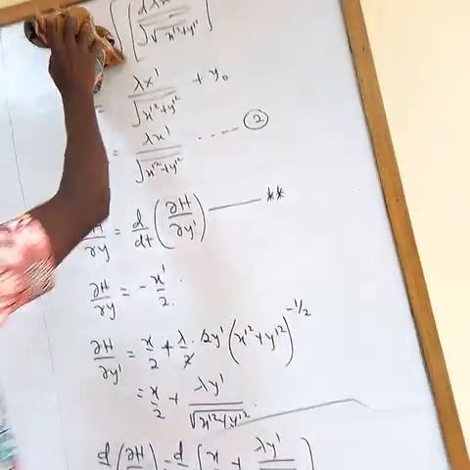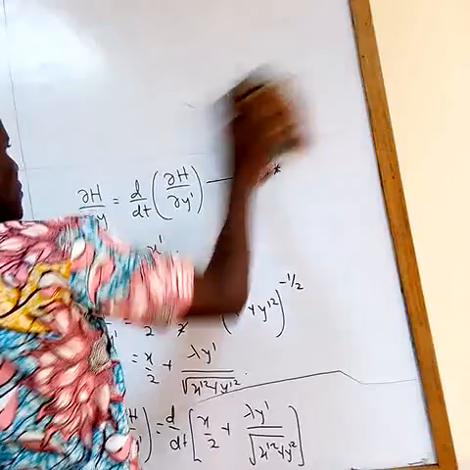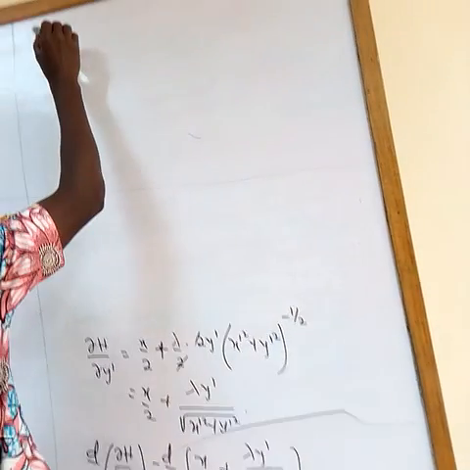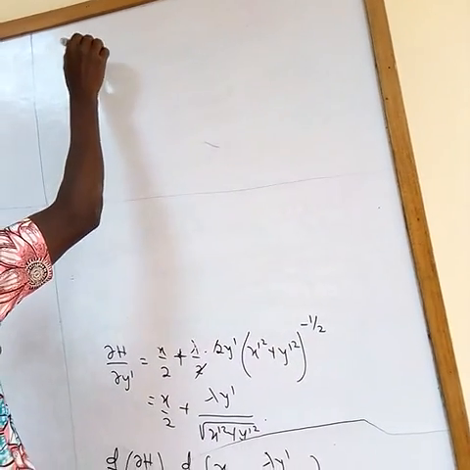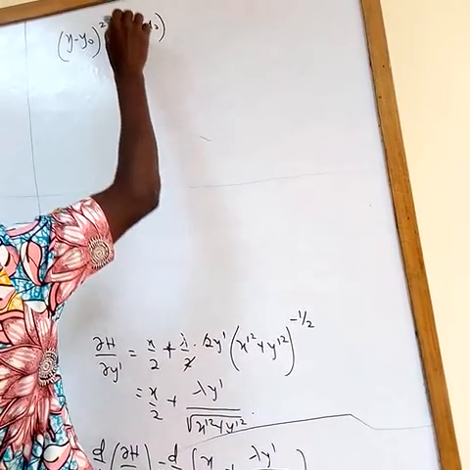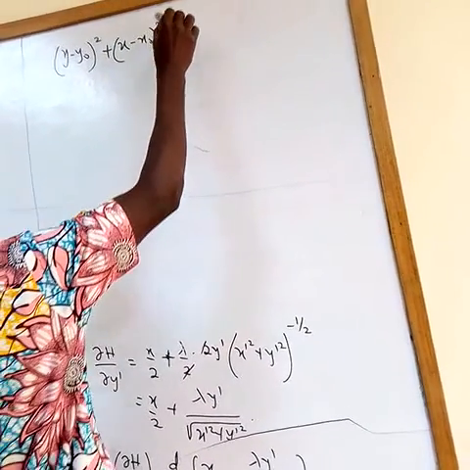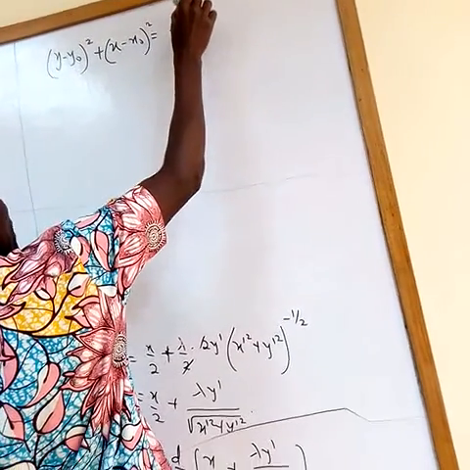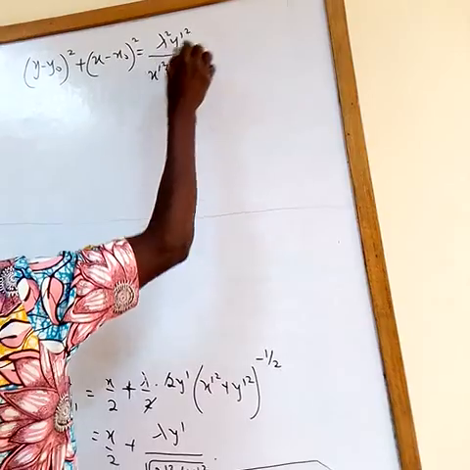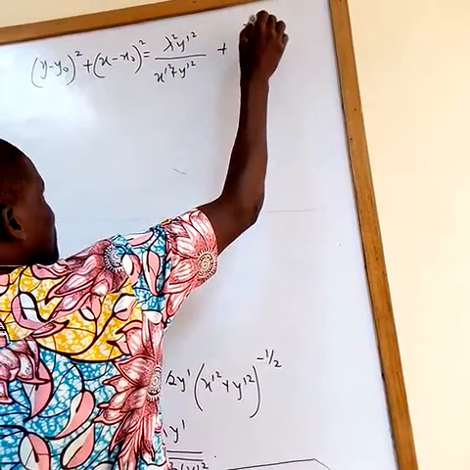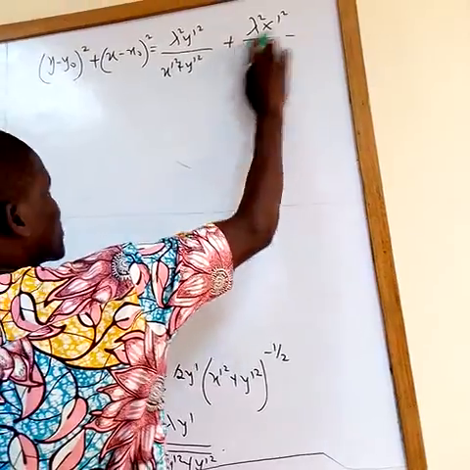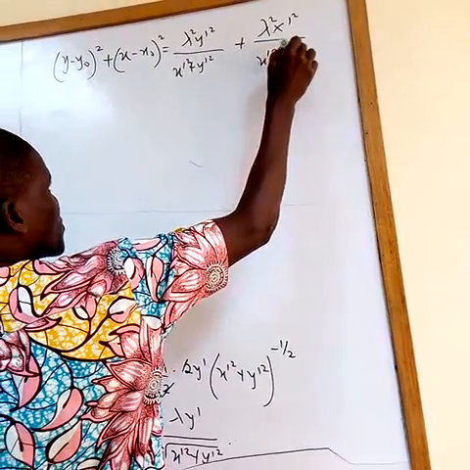After adding them together, this is what we are going to get: (y minus y₀)² plus (x minus x₀)² is equal to λ² y'² over x'² plus y'² plus λ² x'² over, no more square root, x'² plus y'².